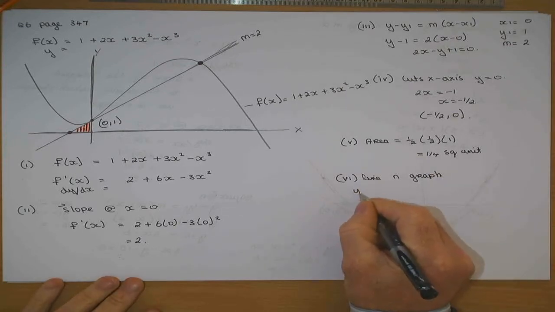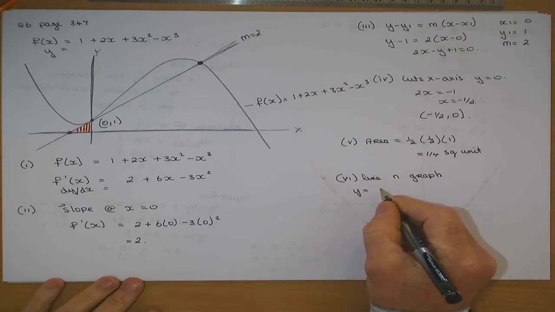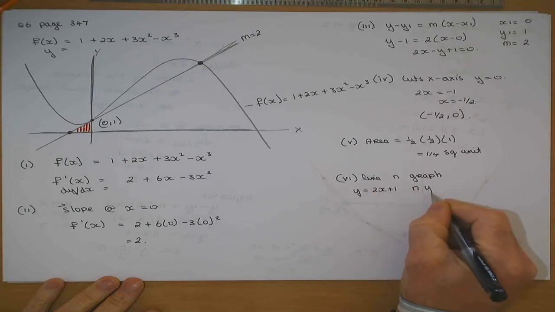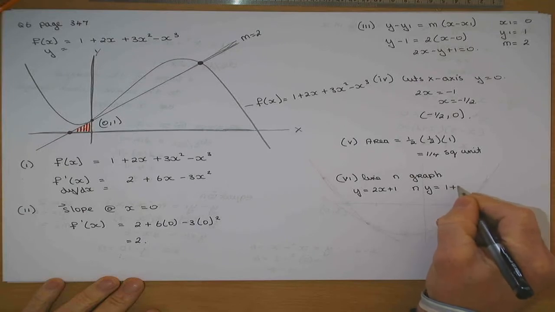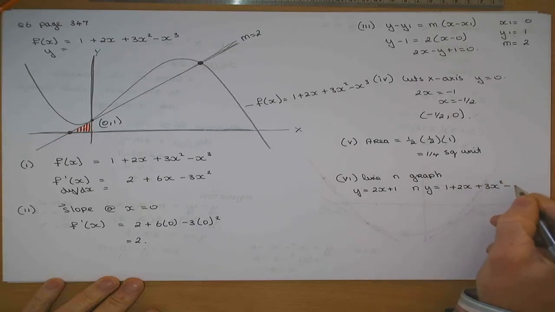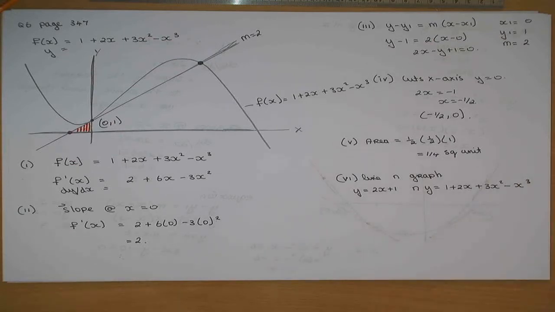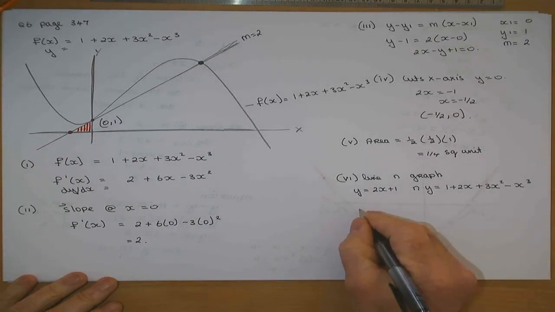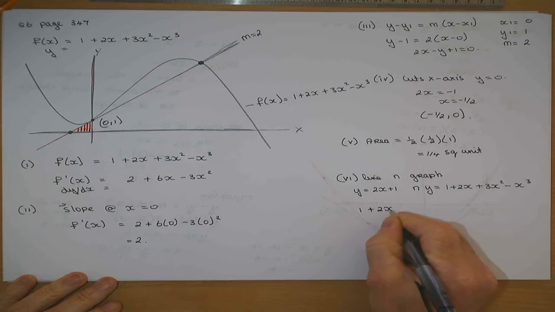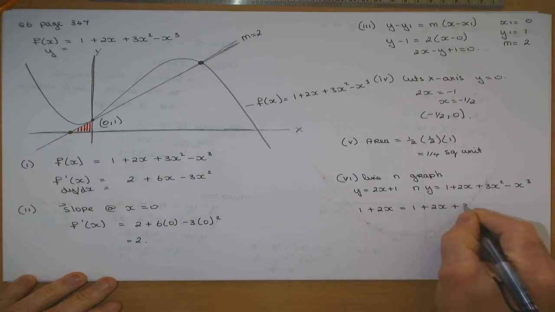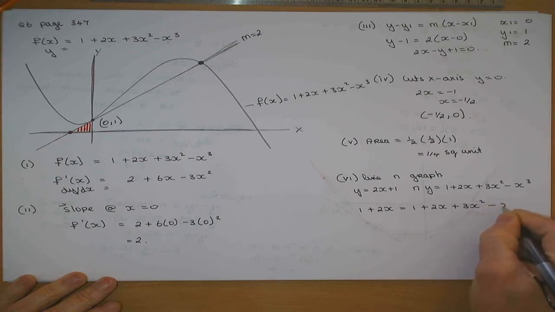I know the line is y equal to 2x plus 1, intersecting y equal to 1 plus 2x plus 3x squared minus x cubed. So if y is that and y is that, they're equal to each other. 1 plus 2x is equal to 1 plus 2x plus 3x squared minus x cubed.